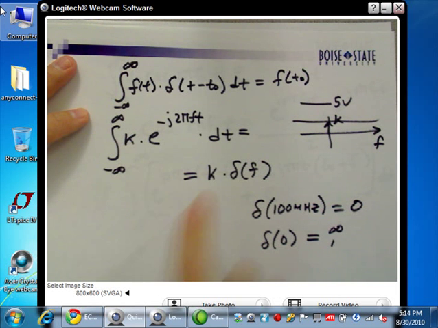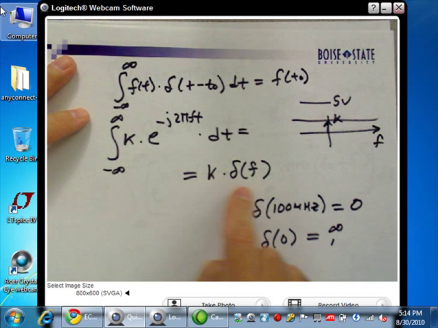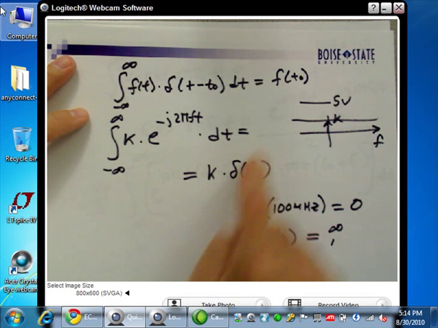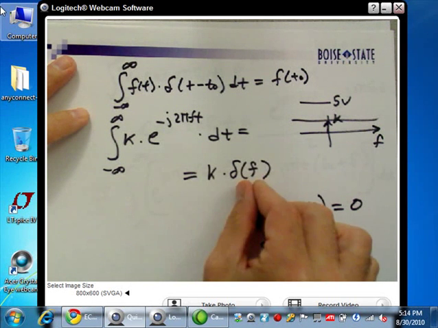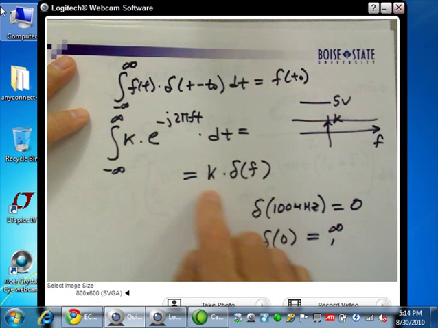No, you don't leave it as an integral. This is right. You evaluate it and it ends up giving you the Dirac delta function k times del f, and we know that del f tends to infinity and its width tends to 0 and its area stays 1. So this is what I want to use.